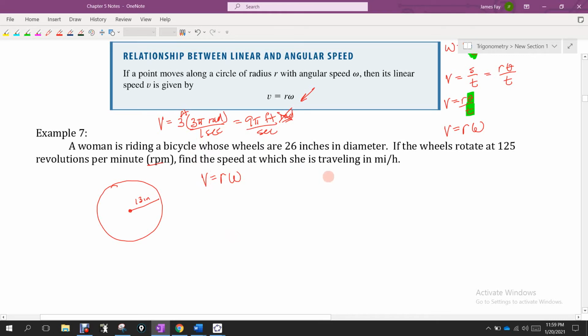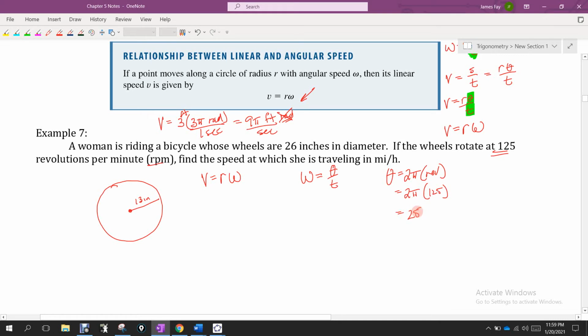Omega is theta divided by t. If you remember what theta was, theta is equal to 2 pi times the number of revolutions. So 2 pi, 125 revolutions.